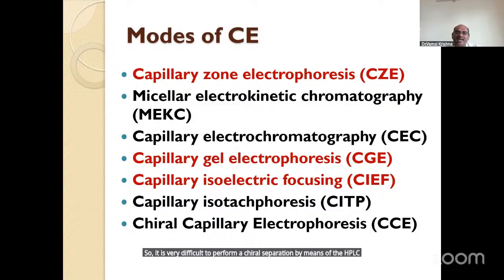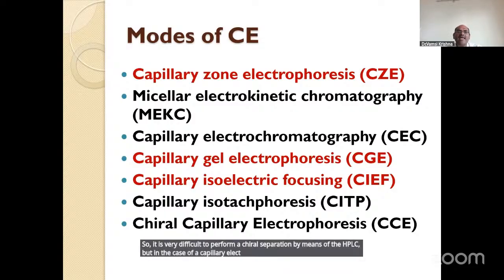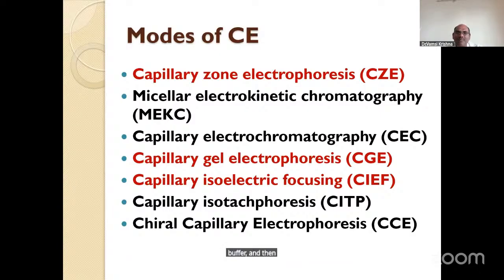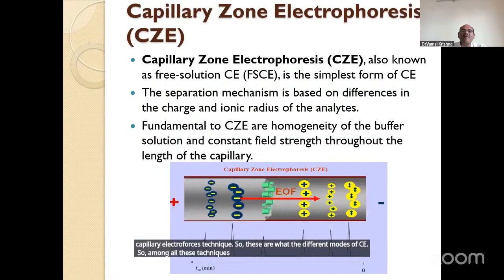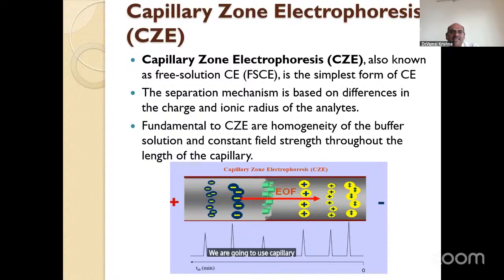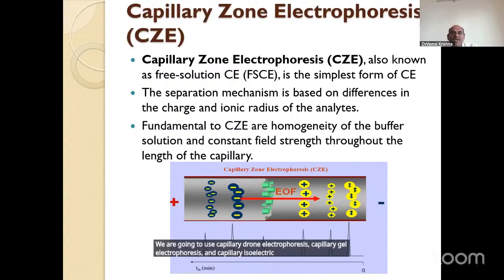But in the case of capillary electrophoresis, simply by adding chiral selectors like cyclodextrins to the background electrolyte, that is what is called buffer, we can perform chiral separations by means of this chiral capillary electrophoresis technique. So these are the different modes of CE. Among all these techniques, for our biopharmaceutical analysis we are going to use capillary zone electrophoresis, capillary gel electrophoresis, and capillary isoelectric focusing.